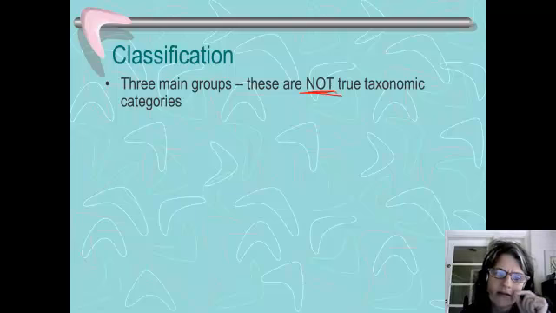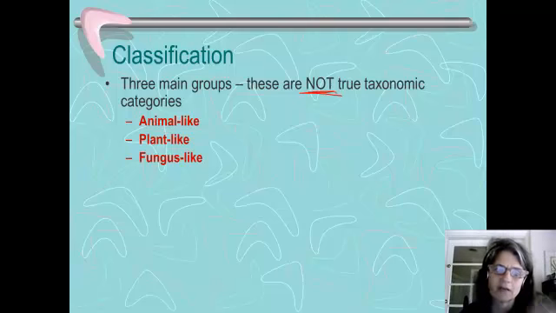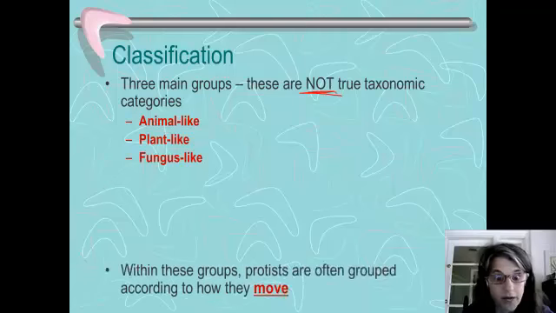And in a way, this is an oversimplification of this kingdom, but it's a way that helps us deal with it at this level of your education. So, there are three main groups. There are animal-like protists, plant-like protists, and fungus-like protists. In other words, these things seem like they should fall into one of those categories, but they don't quite make it because they don't possess some characteristic that a true animal, plant, or fungus would have.